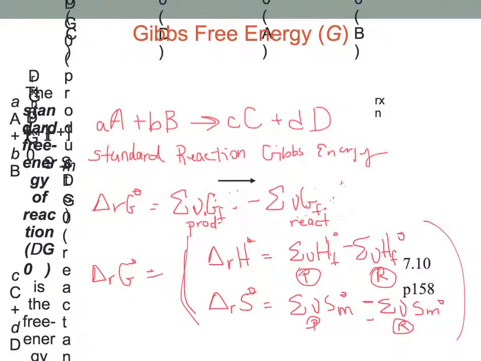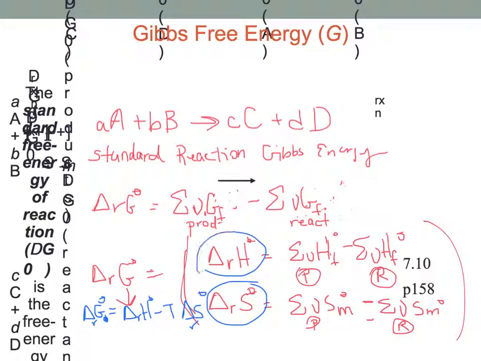Okay, so if you find these quantities separately, you can now come back and pop them into this expression, delta G equal to delta H minus the temperature multiplied by delta S. So you solve for this quantity, solve for this quantity, multiply it by the temperature, and you get delta S. So this is something that you should have seen before too.